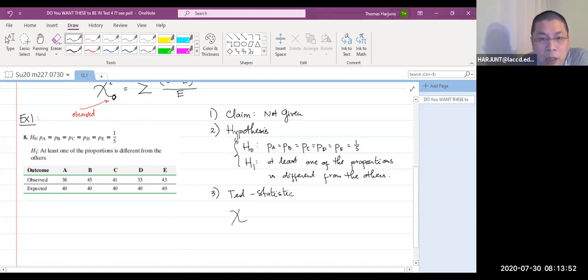is chi-squared observation equals the sum of, I will write it down, the sum of the mean squared error.